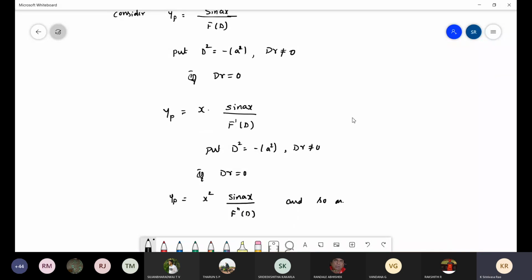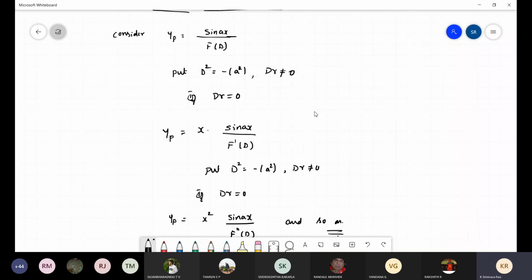So one thing you have to remember, procedure, everything is same. Only thing is what is the substitution and to which term you have to substitute. It is only for d square you have to substitute, and substitution is minus a square. So a is the coefficient of x in the trigonometric function and it should be negative only. I will go to the problem and you will understand easily again.